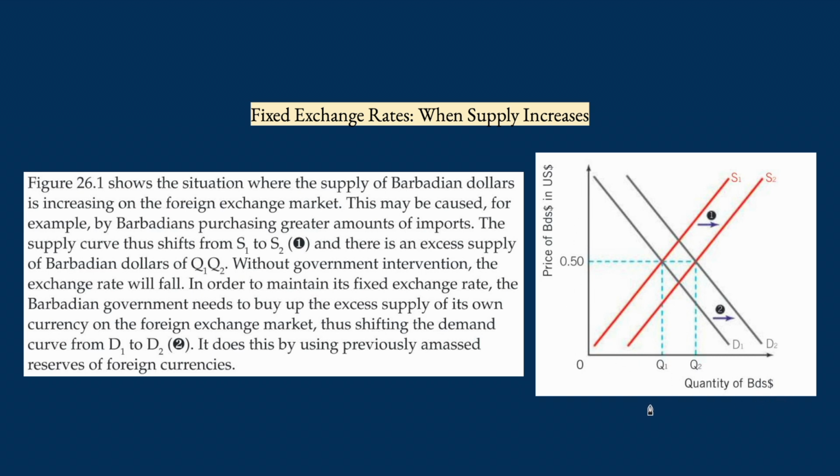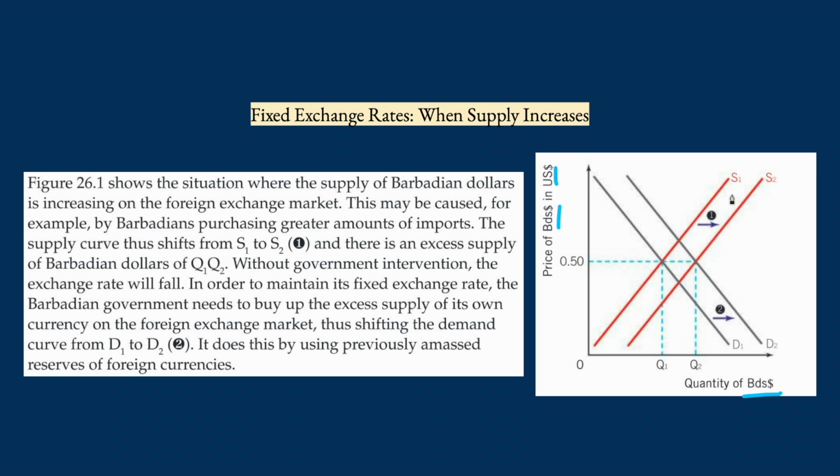And because we're considering this from the perspective of Barbadian dollars, we're going to be looking at the quantity of Barbadian dollars on the x-axis, and on the y-axis, we're going to look at the price of Barbadian dollars in the other currency we're looking at, which is US. So that's how you're supposed to write it. Make sure it's the price of the focus currency in the second currency.